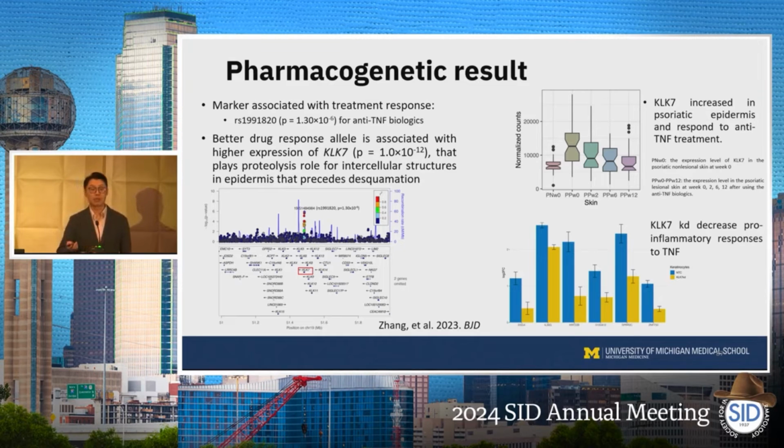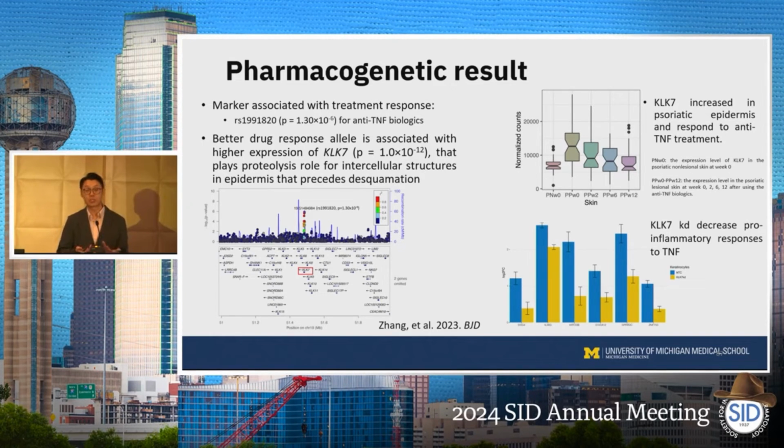We're using exome chip data with the GWAS content to conduct a pharmacogenetic study. We identified a good candidate, and this marker itself is actually an eQTL for KLK7. KLK7 plays roles in proteolysis. So now we have this connection with the gene.